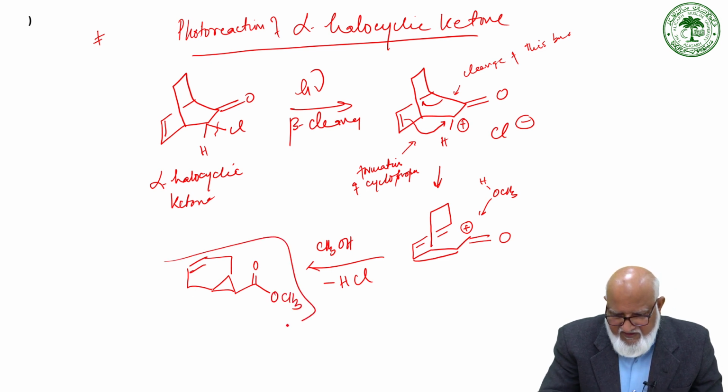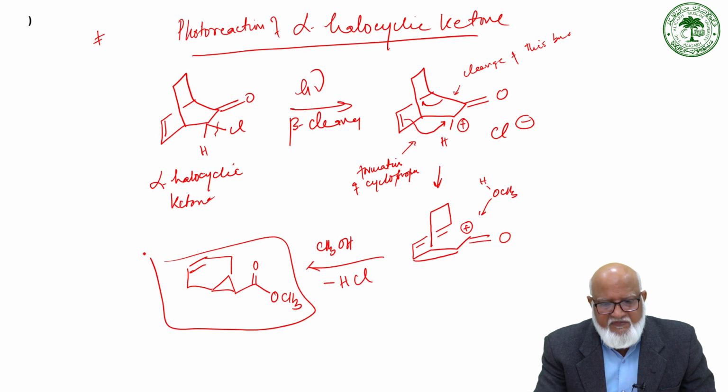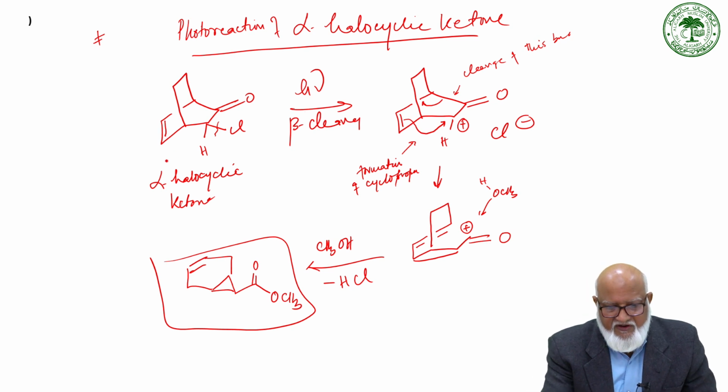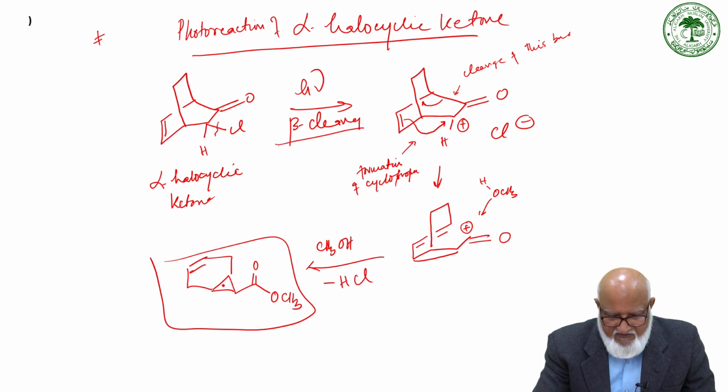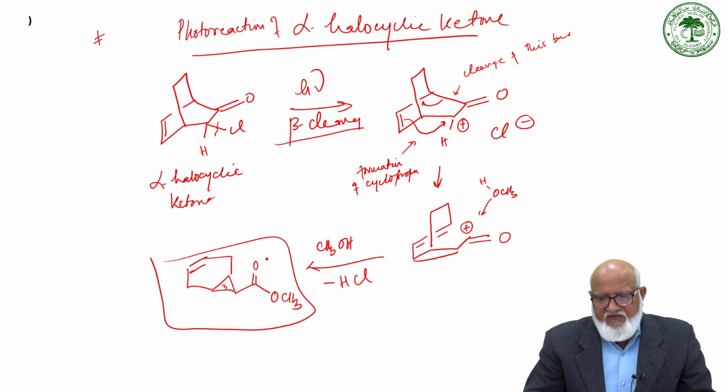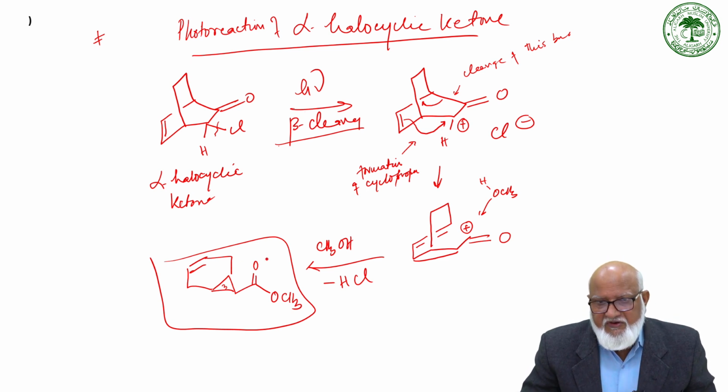So you can see a bicyclic system such as this one, an alpha haloketone, under photolytic condition going via beta bond cleavage gives a 3-membered ring.